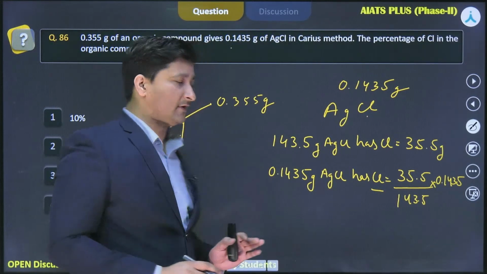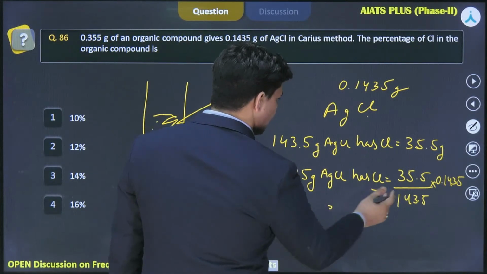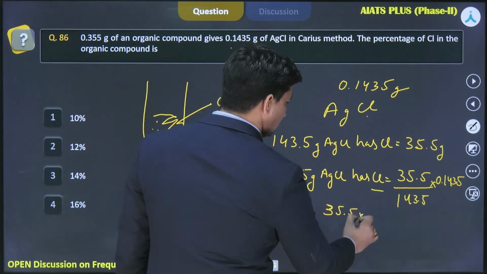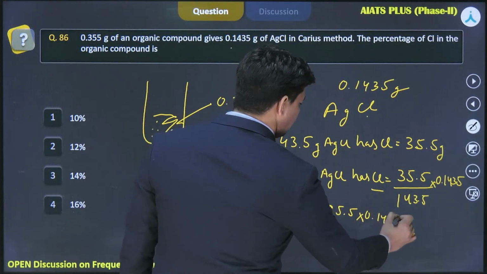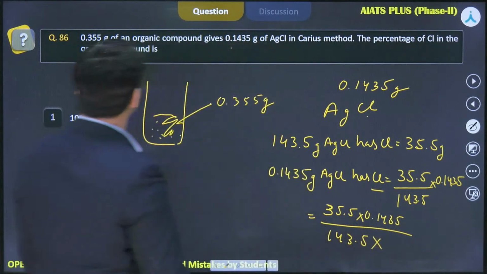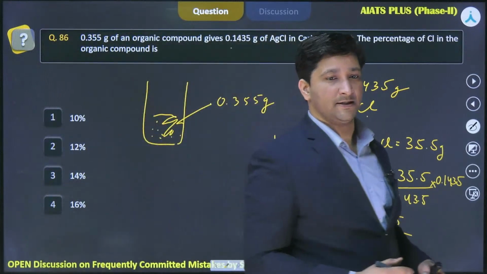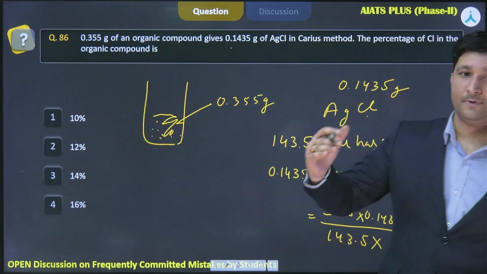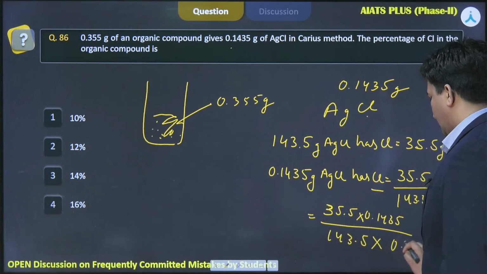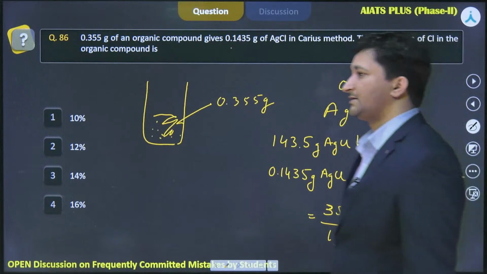The percentage of chlorine will be 35.5 into 0.1435 divided by 143.5, divided by the amount of organic compound, because in order to find the percentage we take the amount obtained divided by the total mass of the organic compound, which is 0.355, multiplied by 100. And on solving this, what is the answer?